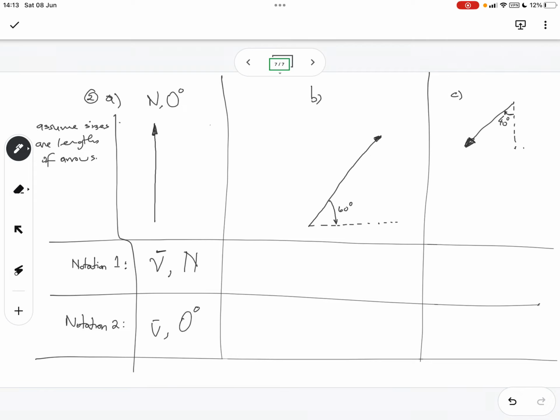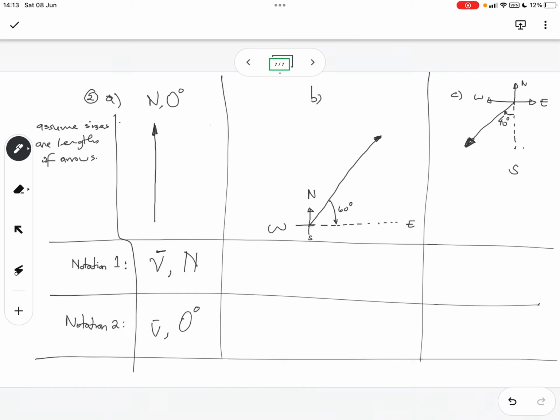So in this case, what's the bearing of this vector A? 0 degrees. It's 0 degrees, right? So it would be the vector at 0 degrees. Can you see now how we use one of two notations for vectors that have directions like this next to them? Yeah. Then vector number 2.